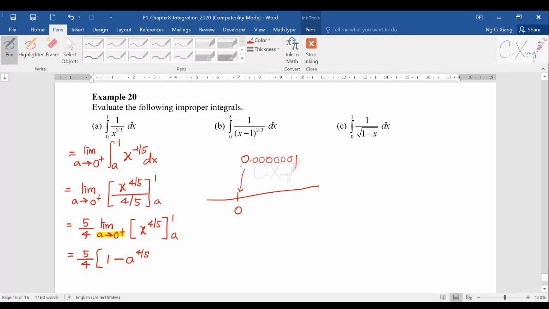You can just assume it is 0.0000001. Can you imagine 0.00001 power 4 over 5? It is also a very small value, which is almost equal to 0. Therefore, when you simplify the answer, it will become 5 over 4.